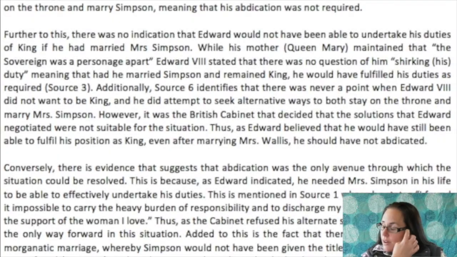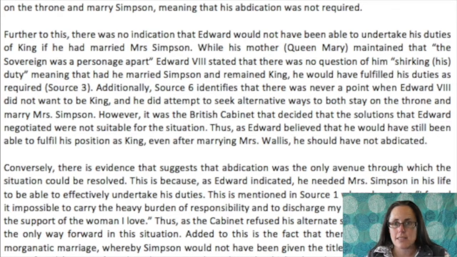The second paragraph that I've put on there, I've actually shown two different sources that demonstrate that he still shouldn't have abdicated. The first one, I said that Queen Mary, his mum, had said that there is a difference between being a king and being a person, but that King Edward VIII didn't actually think that his marriage to Wallis Simpson would actually change the way that he ruled.